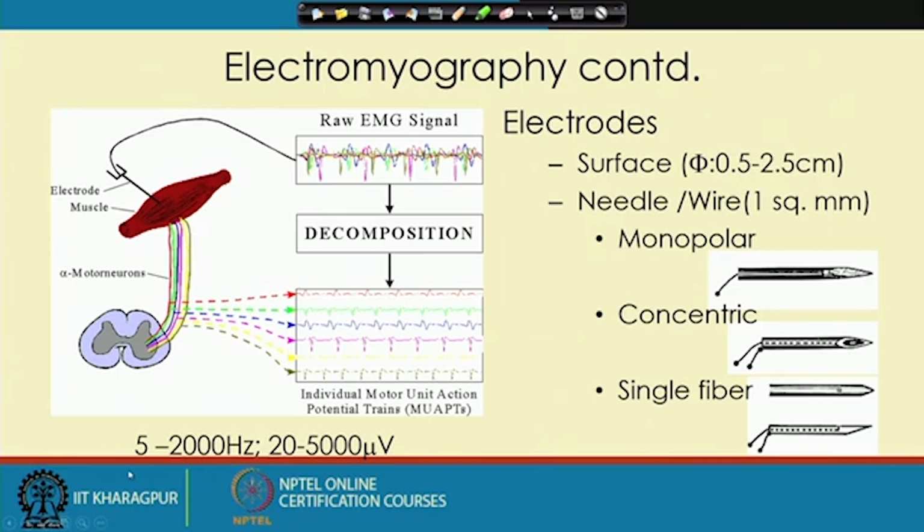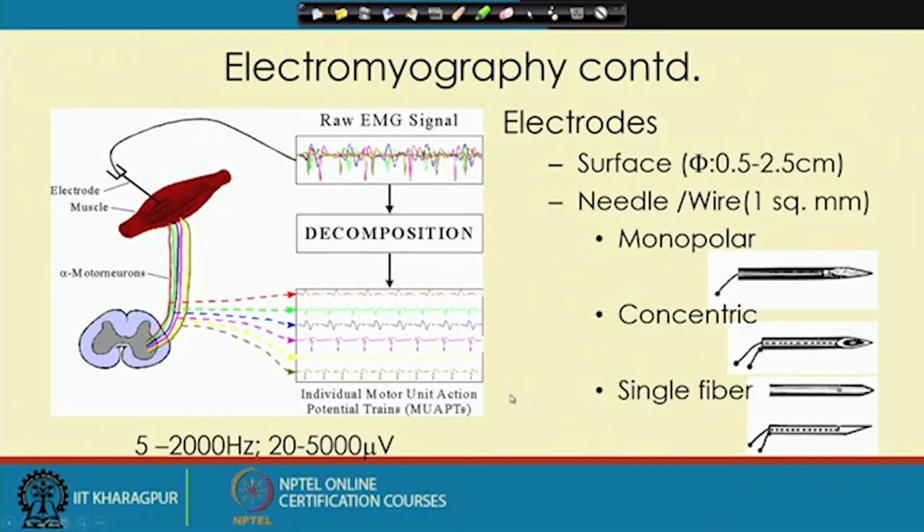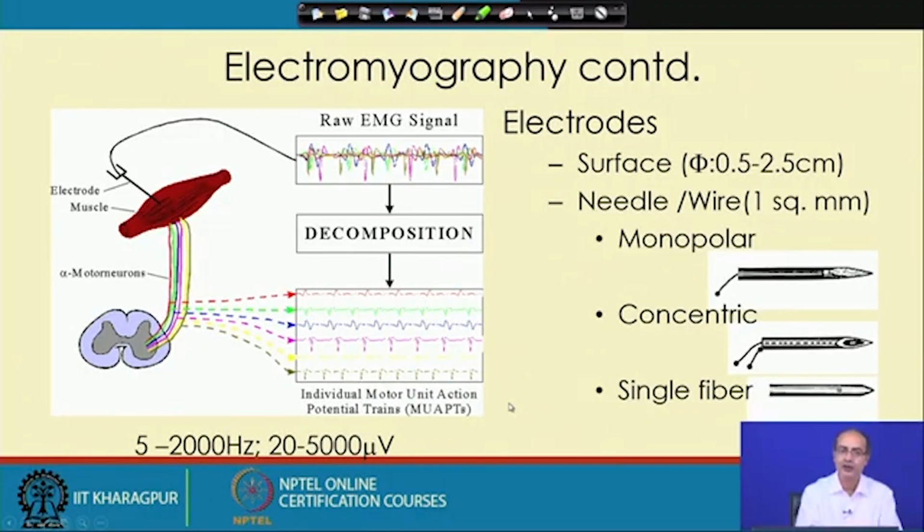In this case, it is from 5 hertz to 2 kilohertz. So, the frequency band is much bigger, and the signal looks more like a noise signal, just like the EEG signal. Here also we cannot get any shape; rather we have to look at the signal, which looks like a random signal, and try to analyze or quantify it.